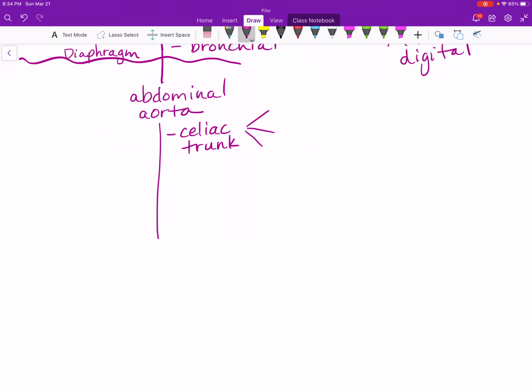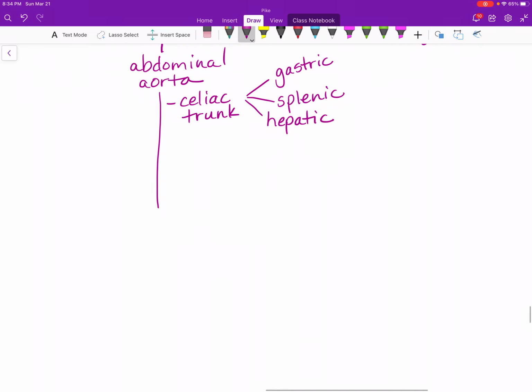So it splits into the gastric artery, main artery supplying your stomach, the splenic artery supplying your spleen, and the hepatic artery supplying your liver. Another branch off of the abdominal aorta is the superior mesenteric. Superior mesenteric supplying the upper half of your intestines.